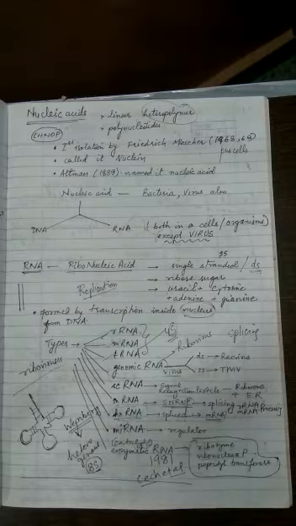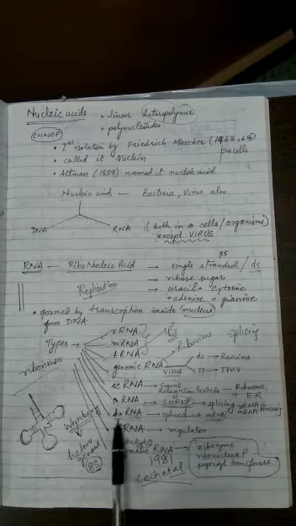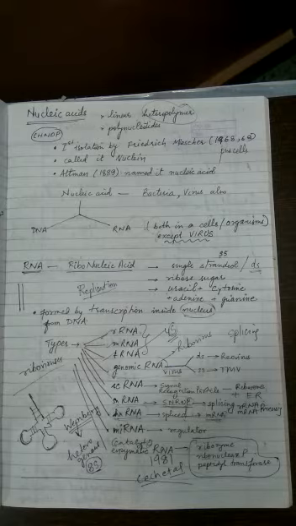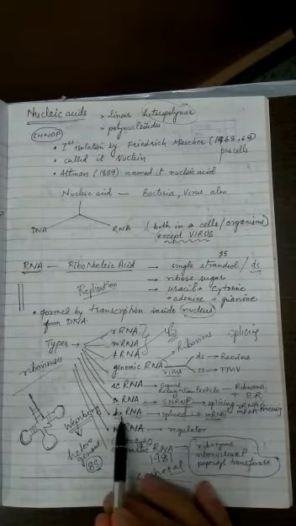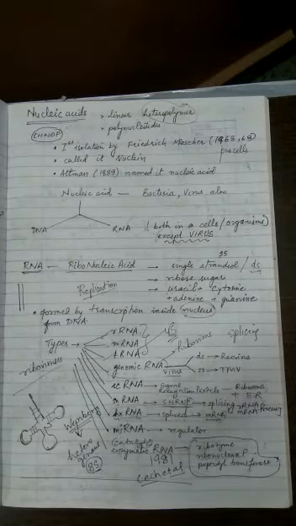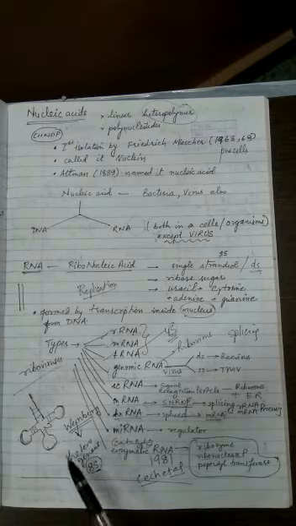They join to the gene to be expressed and increase or decrease the expression, so they regulate the process of gene expression. Then we learned hnRNA, the heterogeneous nuclear RNA, which undergoes splicing, capping, and tailing, which will be covered in this chapter later, to form the functional mRNA. hnRNA is found only in eukaryotes, and this name was given by Weinberg.